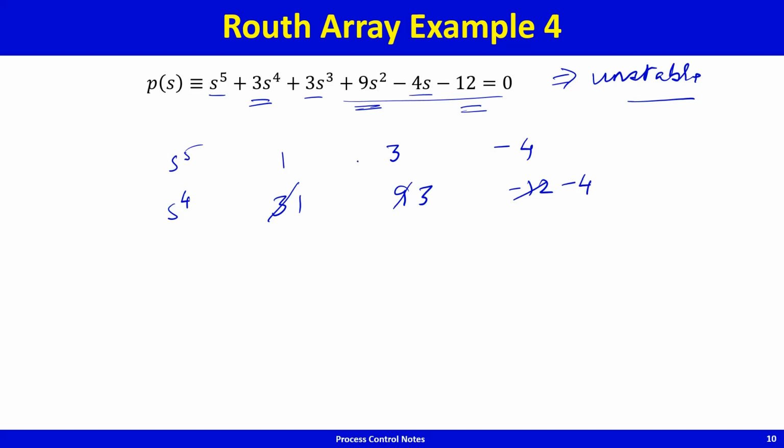You have two identical rows, and therefore the next row is going to be 0, 0. So you got a zero row. So the auxiliary polynomial is going to be s to the power 4 plus 3s squared minus 4.